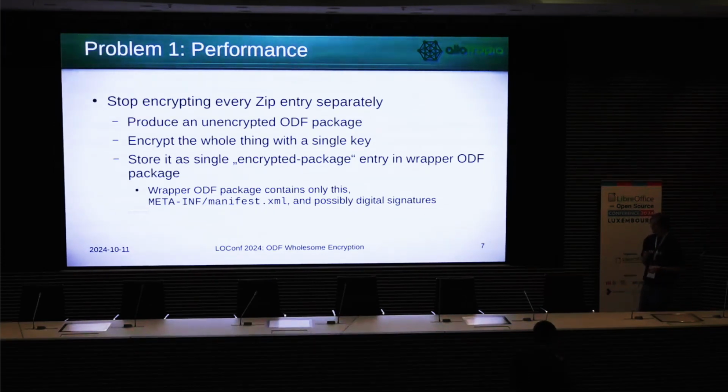So we run the KDF only once. And then we store the result as a single entry with a magic name, encrypted package, in a wrapper ODF package. And this wrapper package contains only this and the manifest XML, and maybe if the document is signed, it can contain the digital signatures.